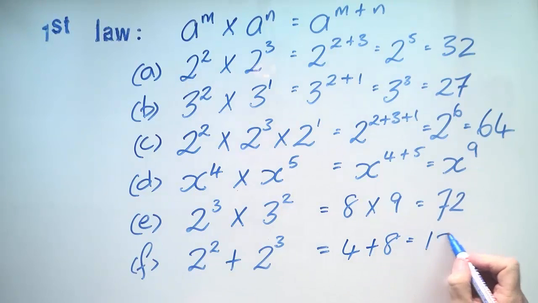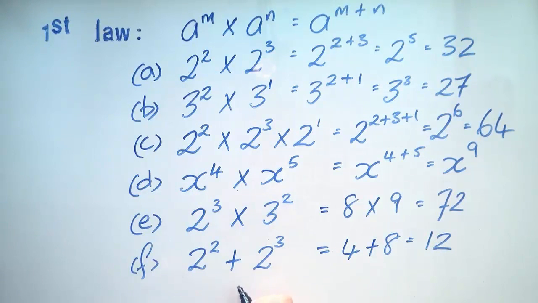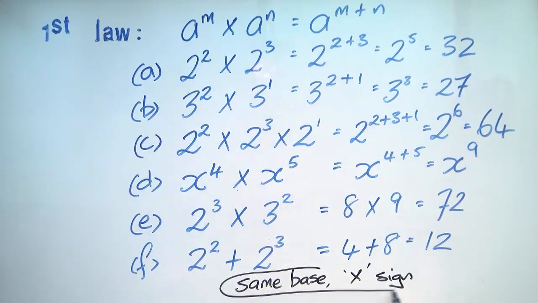Equals 12. So just to repeat, we need the same base and a multiplication sign to use the first law of indices.